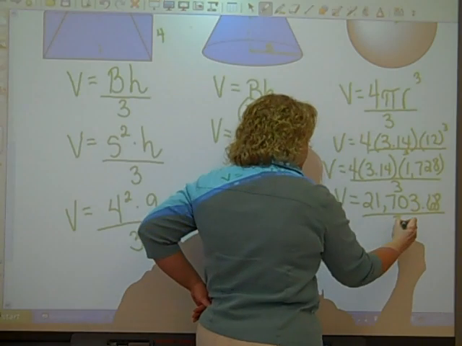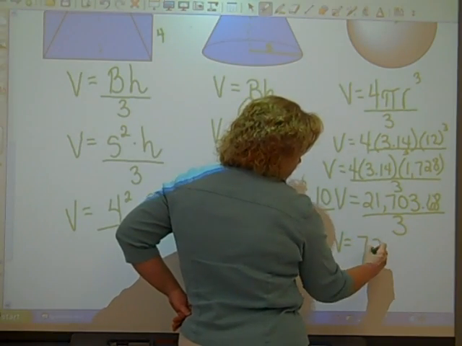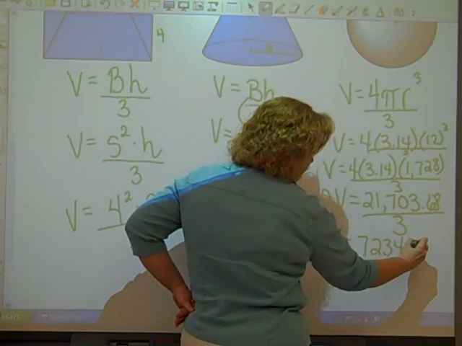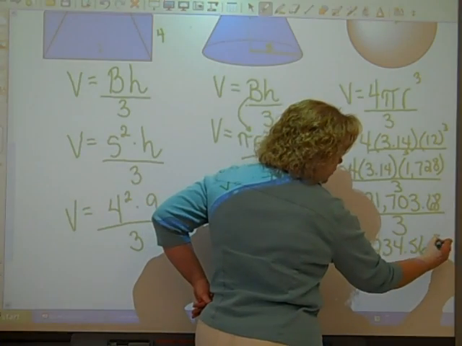And then divide that by 3, and what do I get? 7,234.56. Exactly, and again, units cubed.